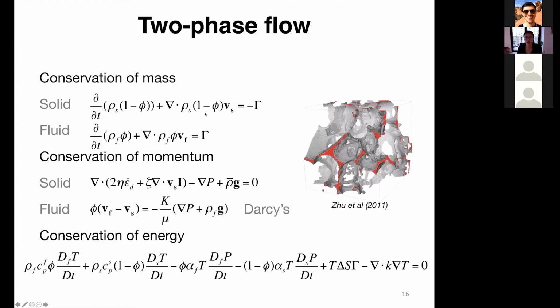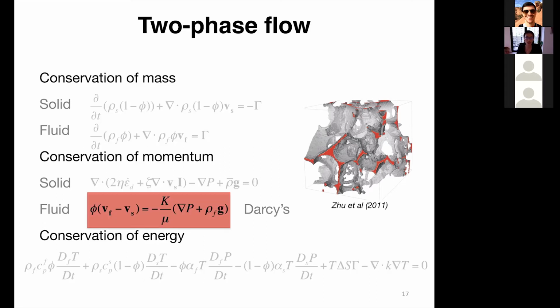So here are the equations that I solve. I really just need you to focus on one, which is the Darcy equation. This is essentially the conservation of momentum for the fluid phase. On the left-hand side of the equation, we have phi, which represents porosity or melt fraction.